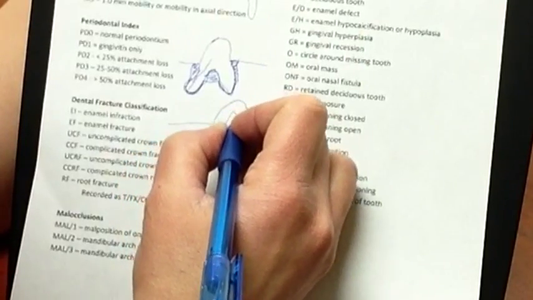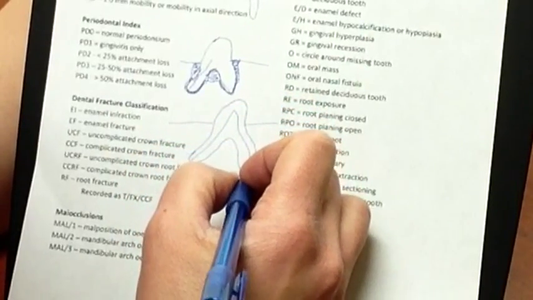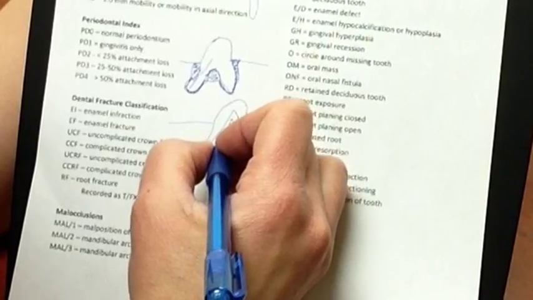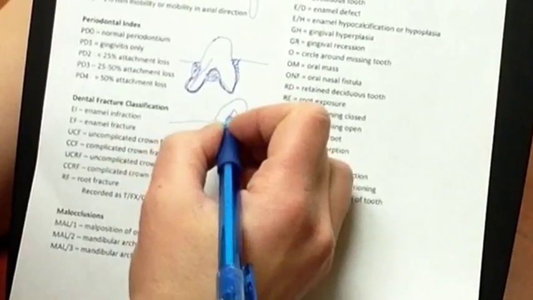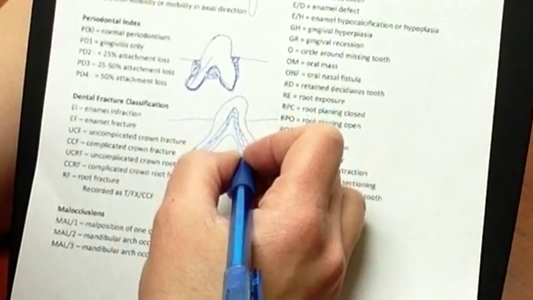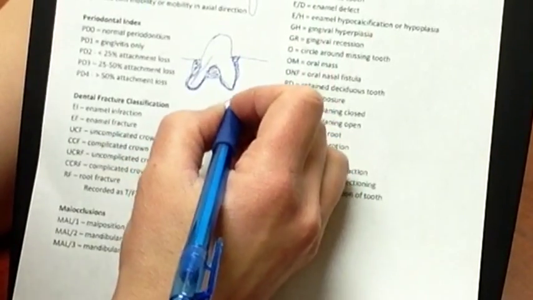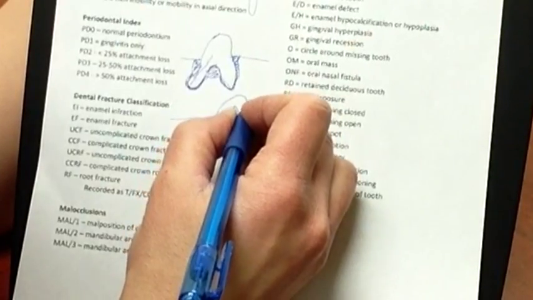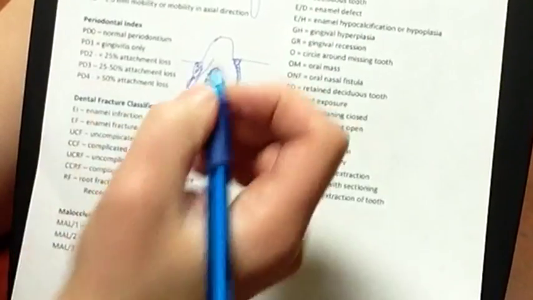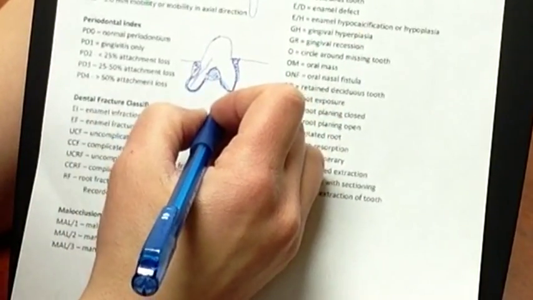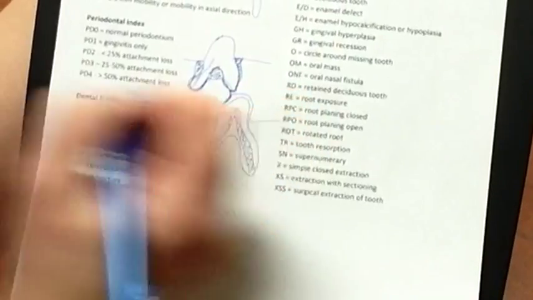Here's your pulp in the middle. So this is all pulp here. And then we've got our thin layer of enamel on the top of our tooth. An enamel fracture would be when just this layer of the enamel is fractured.